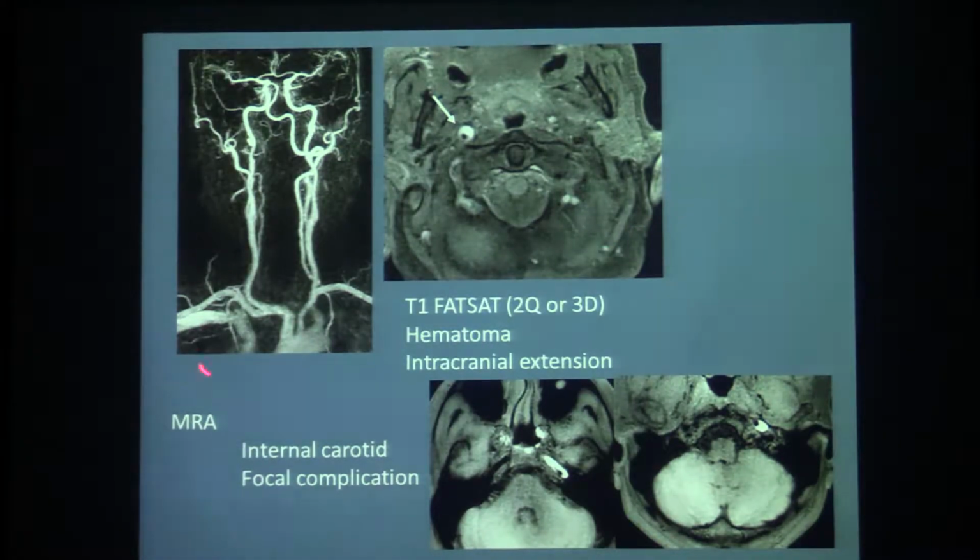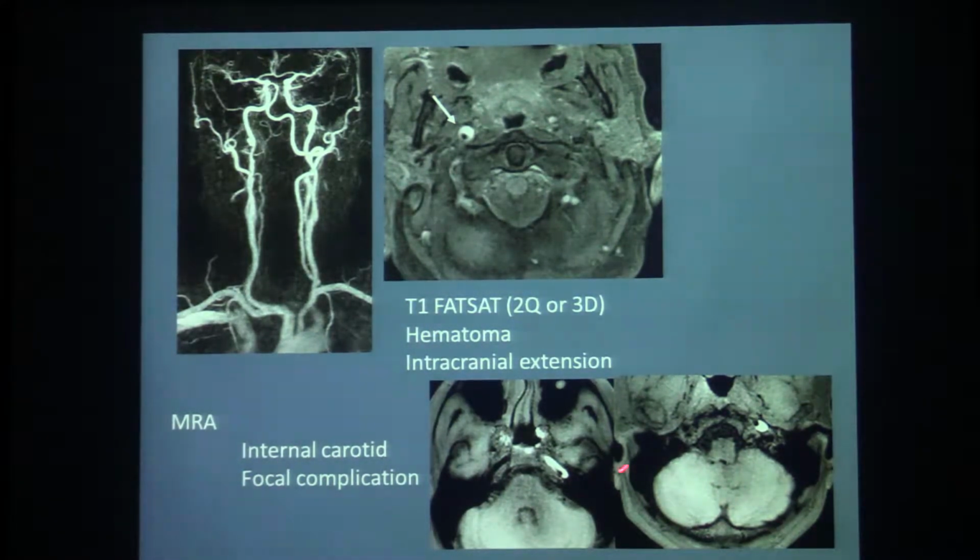This is an example of carotid dissection with the hematoma, which is very well seen on T1 with fat suppression sequences, which should be used at first just to get where is the hematoma, and which is also very well seen on this MRA, which shows at the same time the thinning of the carotid and a complication, which is a false aneurysm.